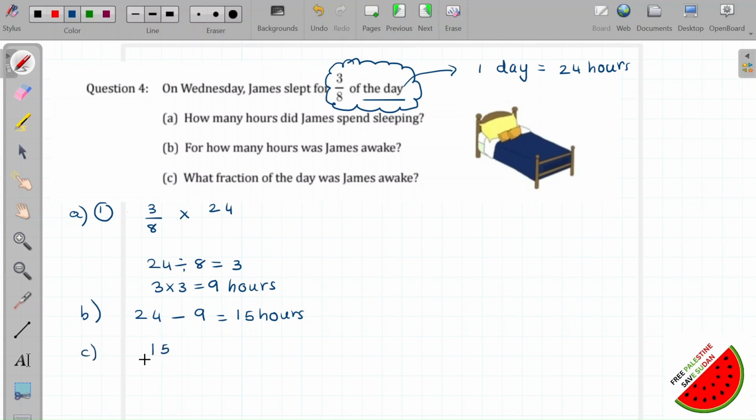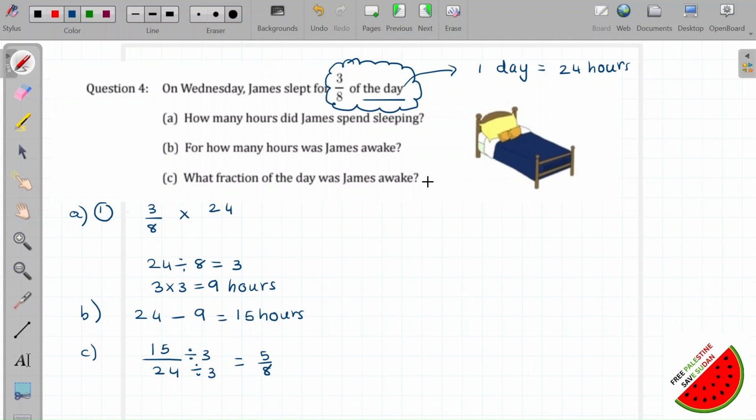So you do 15 over 24 because he was awake for 15 hours over the total hours in a day, 24. Now we can simplify it because these two come in the 3 times table, so you divide by 3. That is 5 over 8. That's how you do this question.